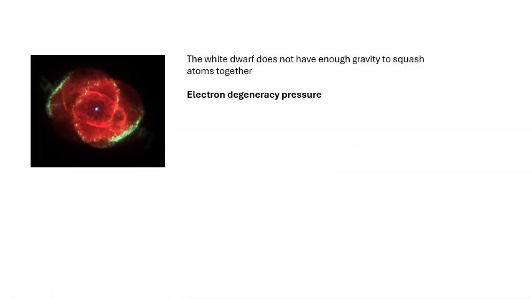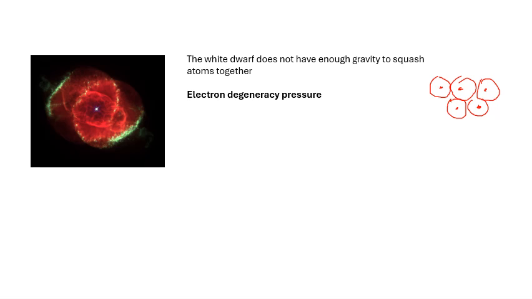A little bit about white dwarfs. Now, the white dwarf doesn't have enough gravity to squash atoms together, because atoms, as you probably know, are kind of electrons in orbit around nuclei, and the electrons don't like each other. Because they don't like each other, there's this thing that we call electron degeneracy pressure. That's the electrons repelling each other so that you can't squash them any more.